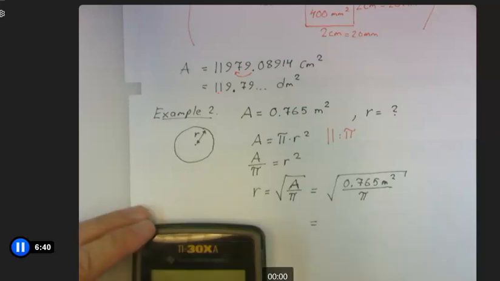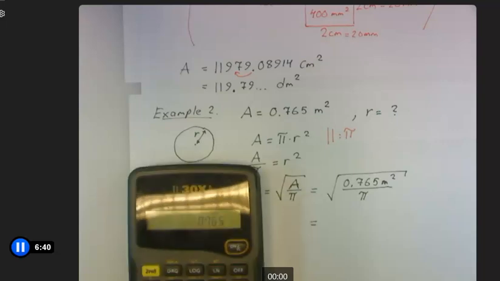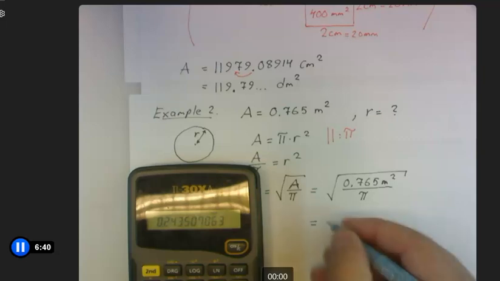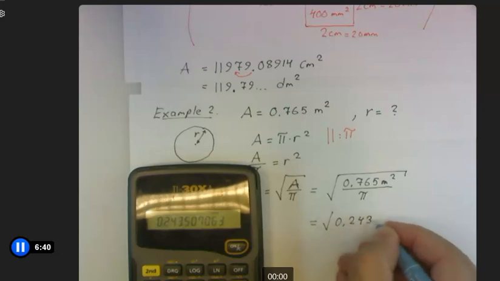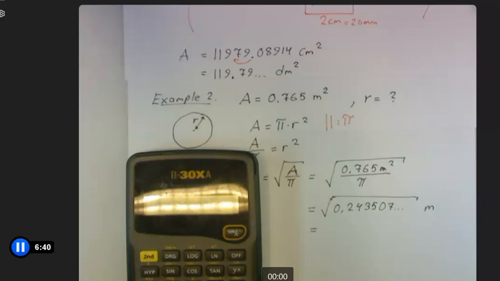Let's look at what this gives us. I will draw this intermediate result there because many times it is useful to have. So this is the number inside the square root, and the unit is meter, and then we take the square root of that.